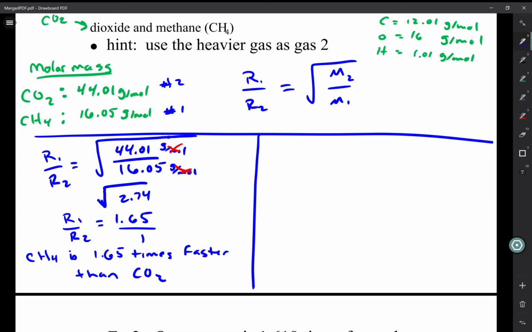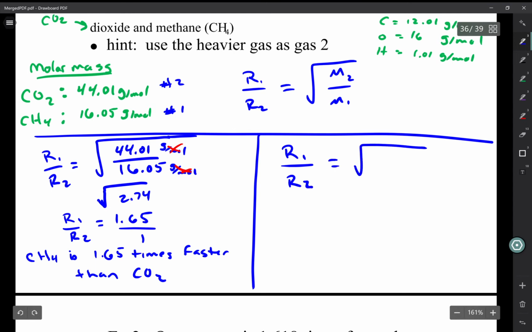So now that's what we have when the heavier gas is gas 2. We're going to make the heavier gas gas 1 this time. So instead of CO2 being on top, we're going to put CH4. So we're going to have 16.05 over 44.01.